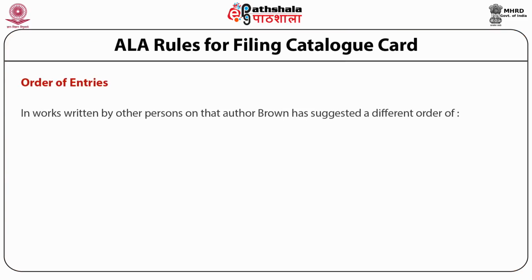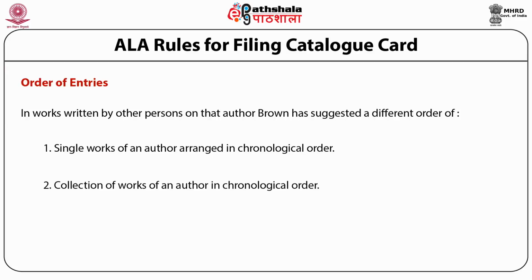First, collection of all or almost all works of an author. Second, collection of selected works of an author. Third, single works of an author. In works written by other persons, a different order: first, single works of an author arranged in chronological order. Second, collection of works of an author in chronological order.